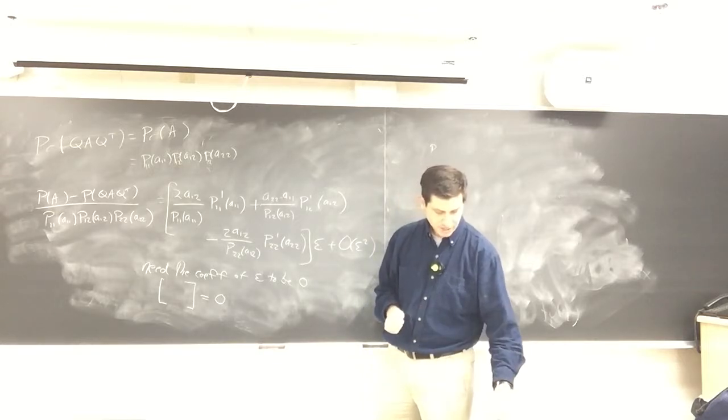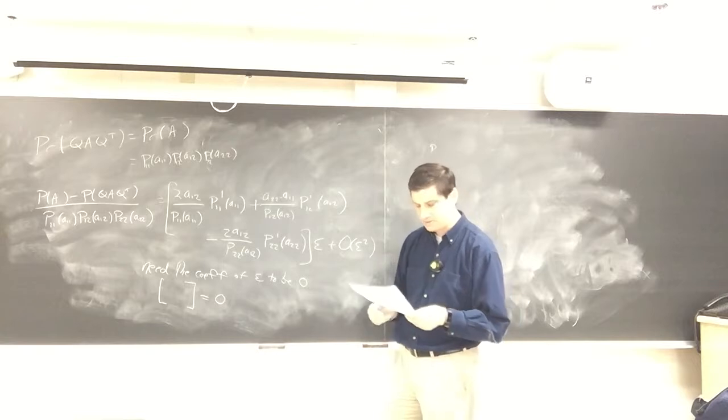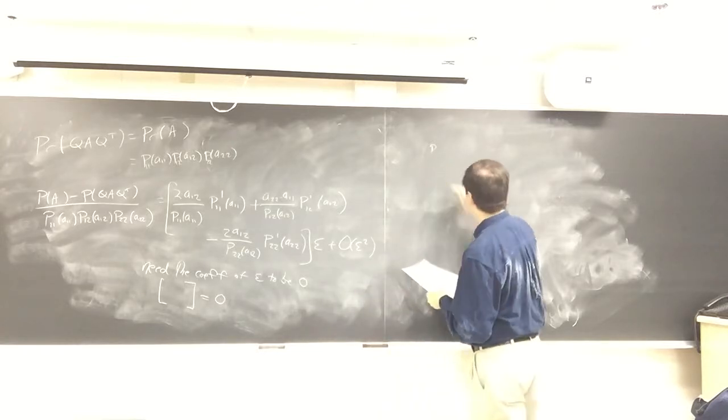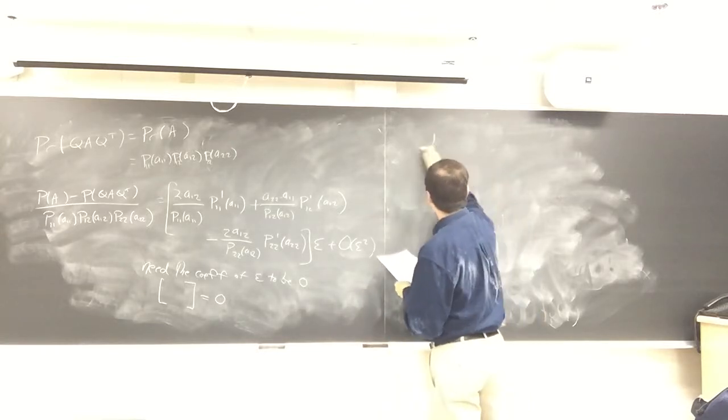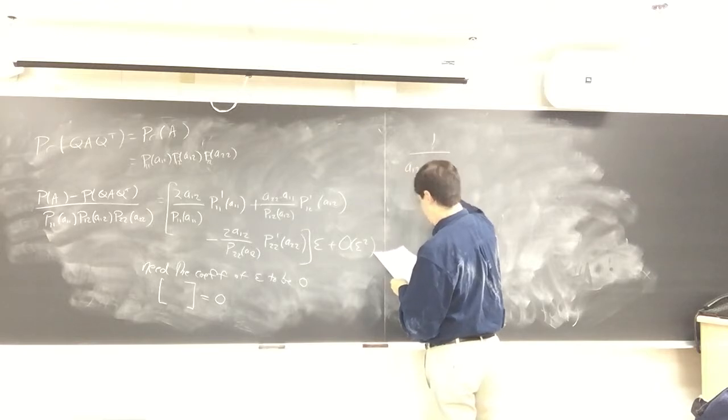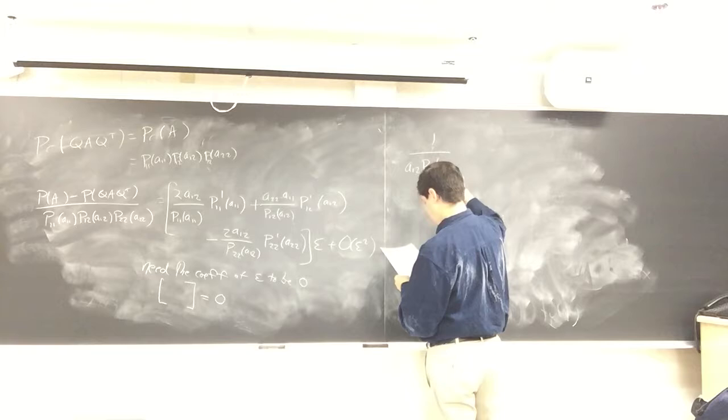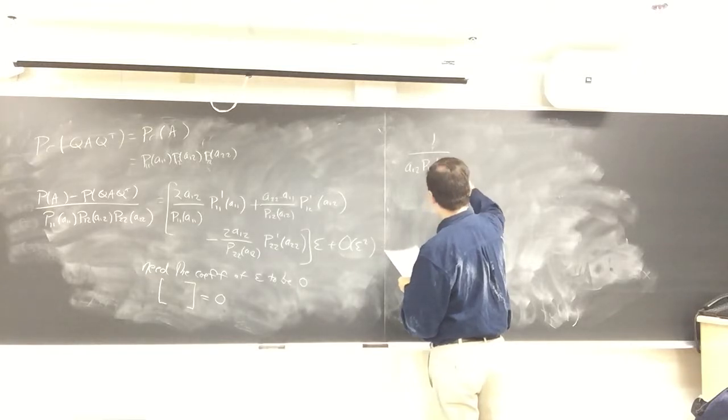And so after writing some of the algebra around, we can rewrite this in the following way. 1 over A12, P12 prime of A12.